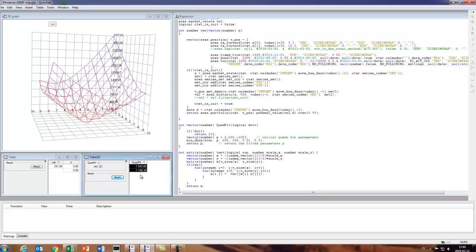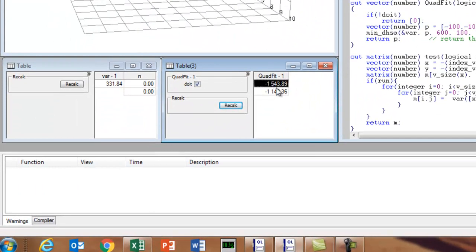So we can see we got a result, and the first result will be the volume of dollar SEK, and the second will be the euro SEK FX forward notional.